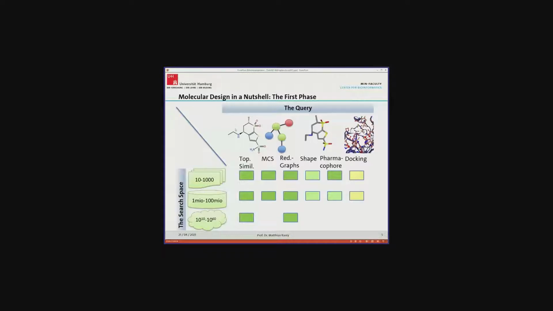Sometimes you look for topological similarities or fingerprints. You look for certain core structures. We have reduced graphs, as we just saw with the feature tree approach. Then it slowly goes to 3D. So you basically use the shape of molecules or pharmacophores or docking calculations. And these are the six major routes for picking molecules from libraries.